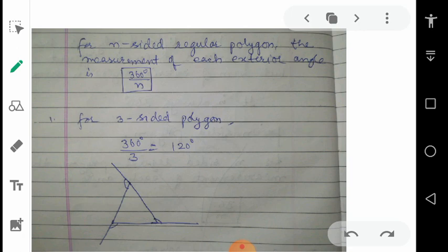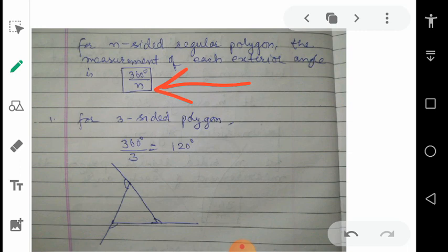Now there is an example for a three-sided polygon. You know a three-sided polygon is a triangle and we want to know the measurement of each exterior angle. So we divide 360 degrees by 3 because n is the number of sides. Here in the formula n is the number of sides. So in a three-sided polygon n is 3 and we divide 360 by 3, we get 120.